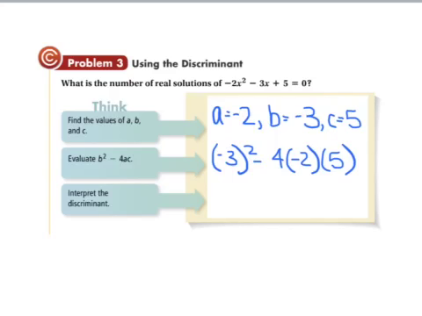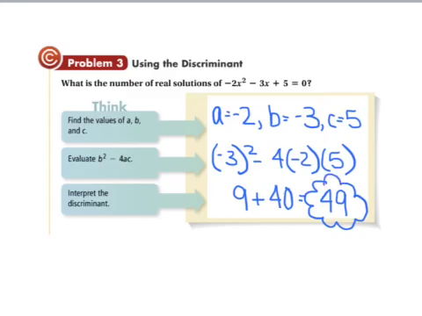Negative 3 squared is 9, minus 4 times negative 2 times 5 is plus 40. Your discriminant is a positive number. It's positive 49. When you have a positive number, that tells you that you have 2 real answers. So we would have 2 solutions.